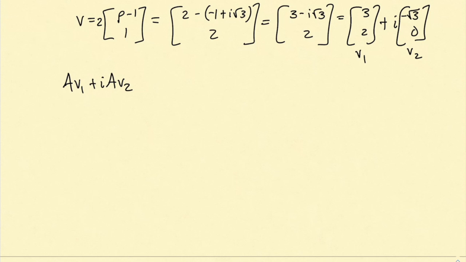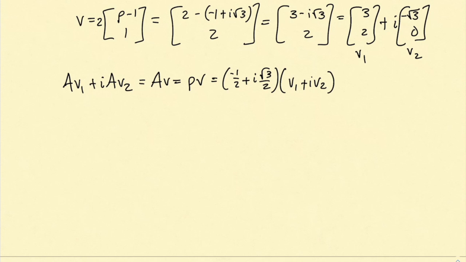And because this vector v is an eigenvector for A with complex eigenvalue rho, this is the same thing as rho multiplied by v. Now if we expand rho and v as complex objects, then just like multiplying complex numbers together, we can think about multiplying these complex objects together in the obvious way.